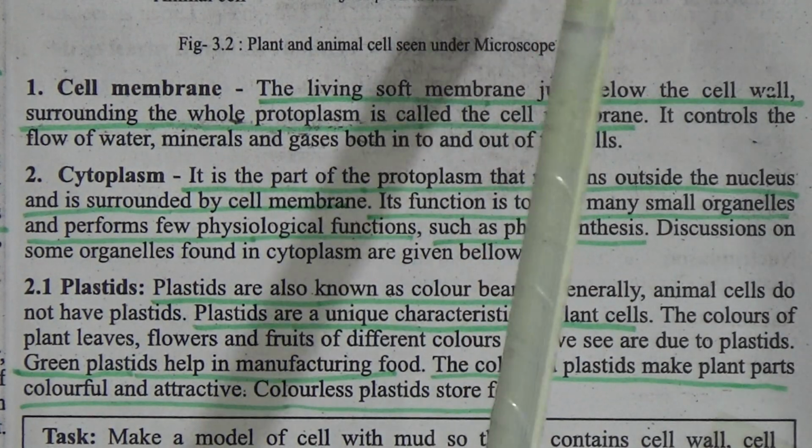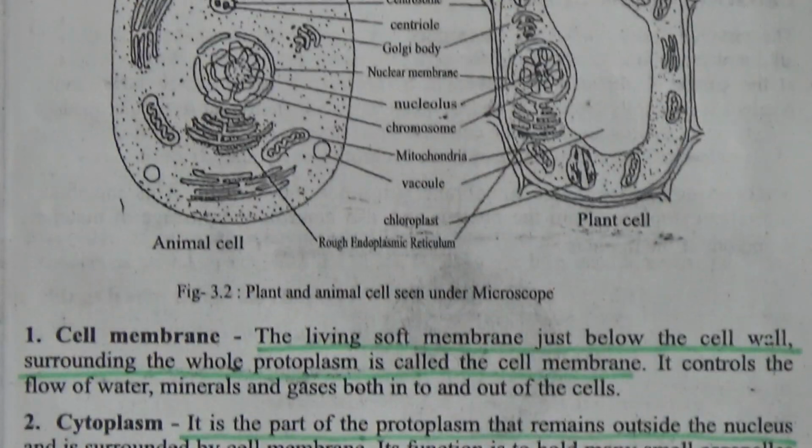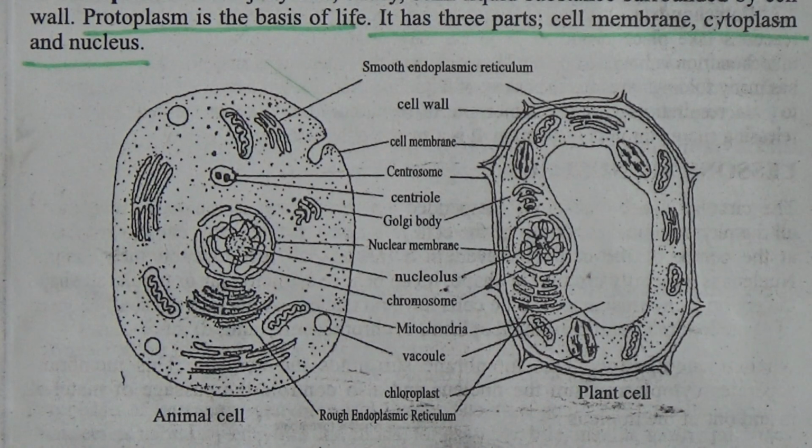Cytoplasm stays near the nucleus. Photosynthesis is a very important process of a plant cell, and with the help of photosynthesis plants can produce their own food and release oxygen for us.